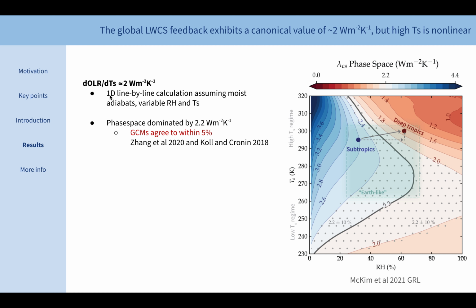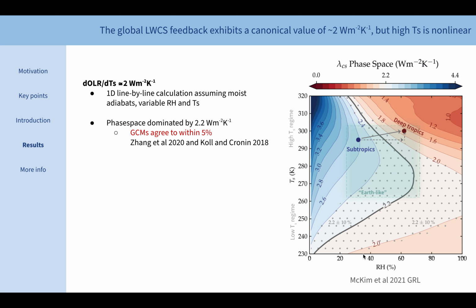We're using a column model with line-by-line radiative transfer and moist adiabatic physics. To specify our column, we just need to specify the surface temperature on the y-axis and the vertical profile of relative humidity on the x-axis. We've assumed a uniform vertical profile.